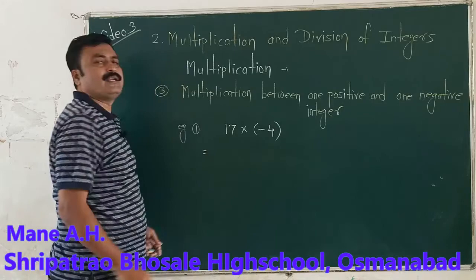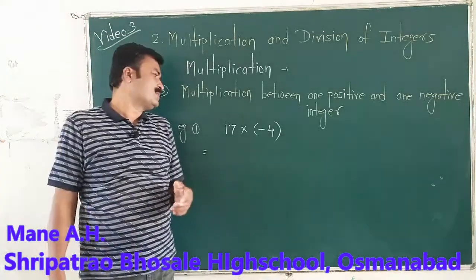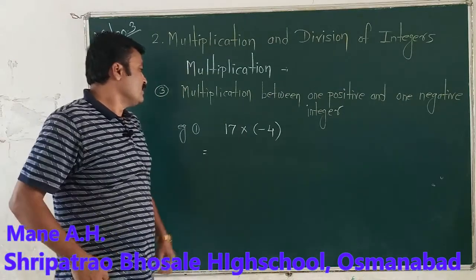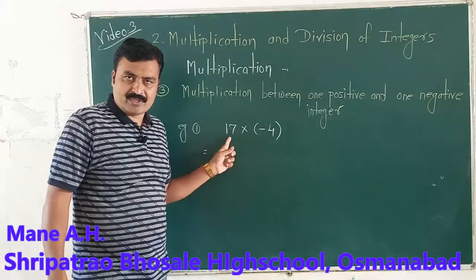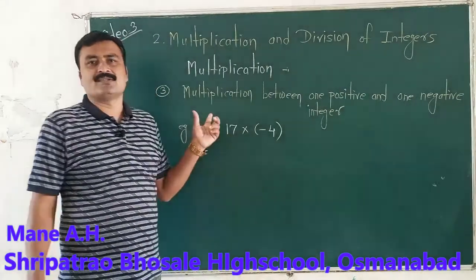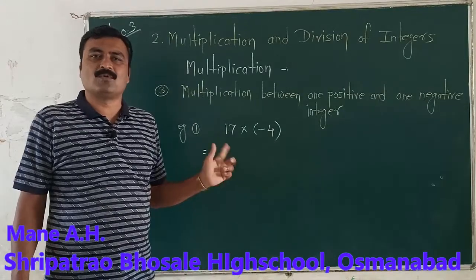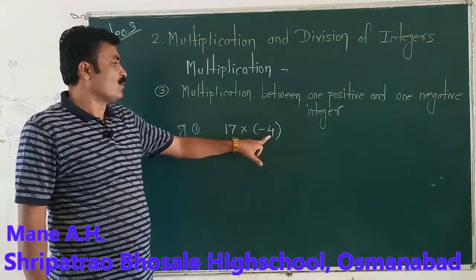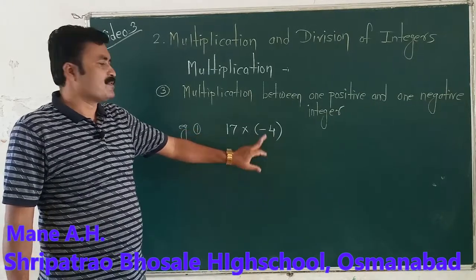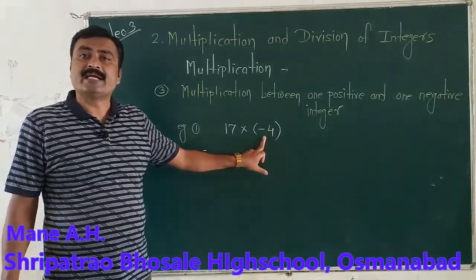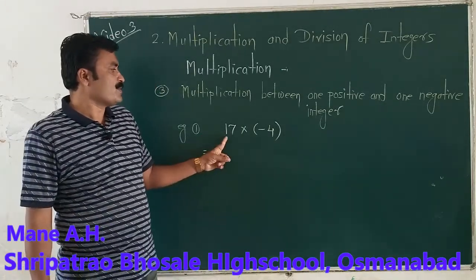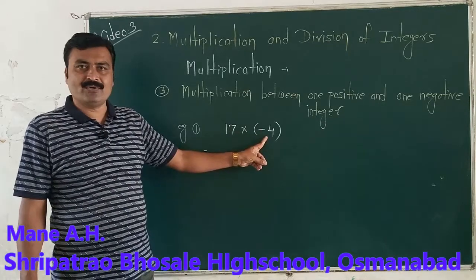Two integers here: 17 is positive because we do not put any sign behind it, and minus 4 is a negative integer. That means this is the multiplication between one positive and one negative integer.